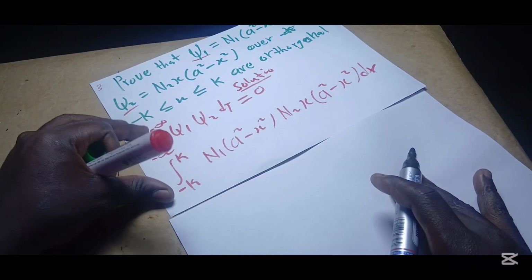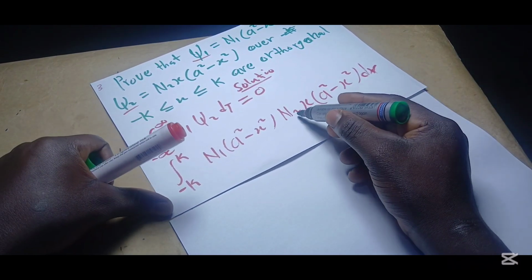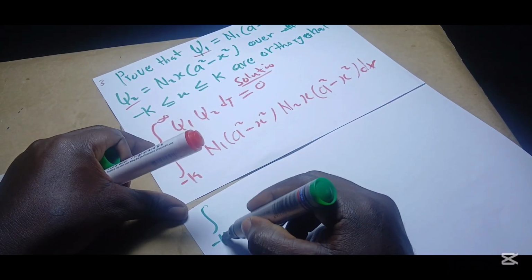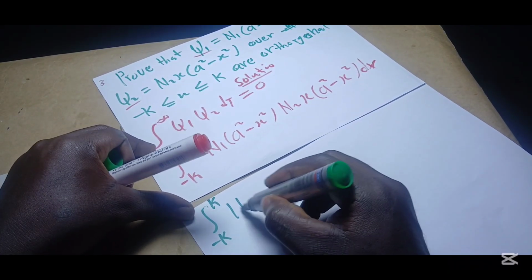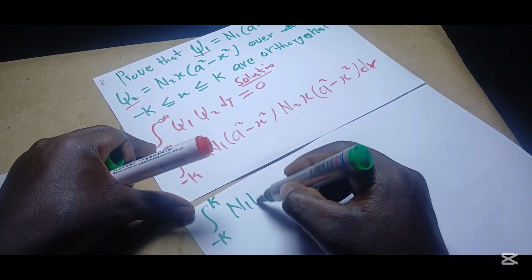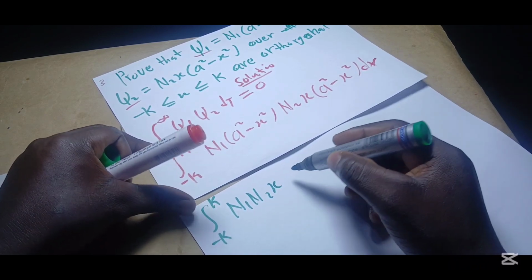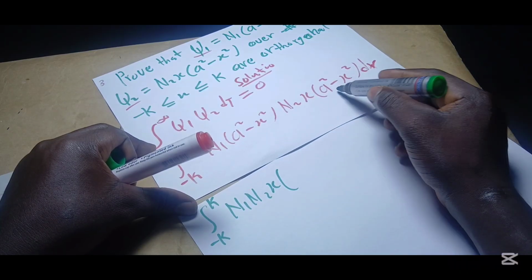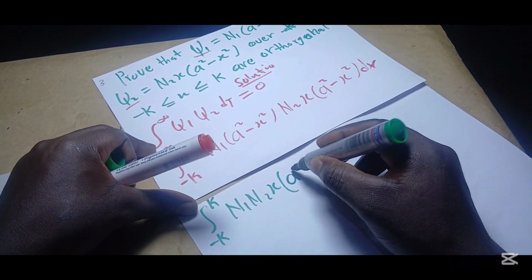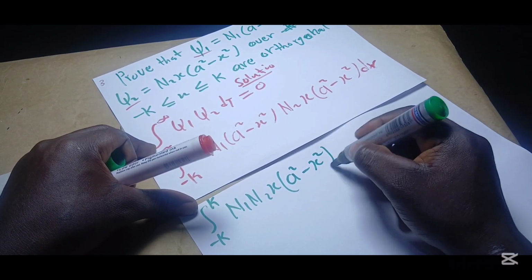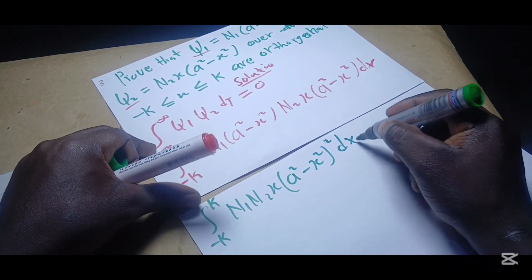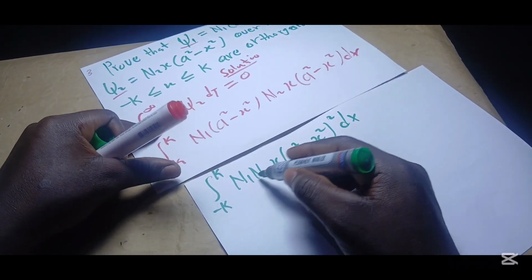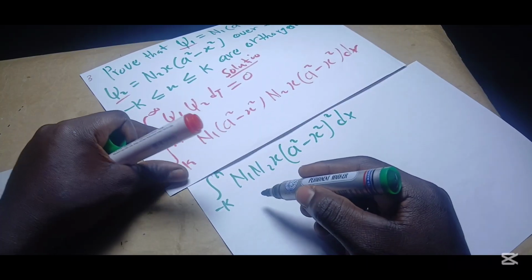So now let's proceed. We can group these terms to the same side. So integral from negative k to positive k, N1, since they are multiplying, we bring N2 here and then x here, and a squared minus x squared, they are of the same term, so we can just square it. So now what do we do next? N1 and N2 are constant, we can bring them out.